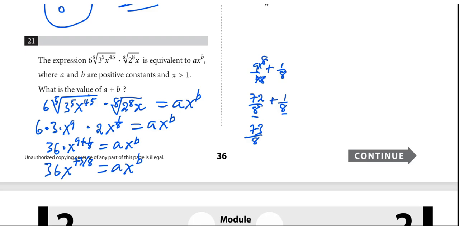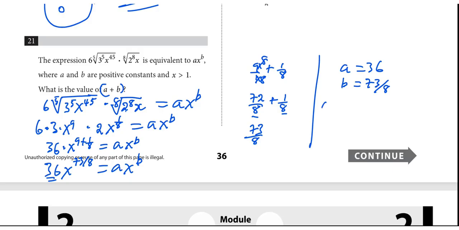So from this, we can see that a is equal to 36 and b is equal to 73/8. So now we are required to find the sum of a and b.